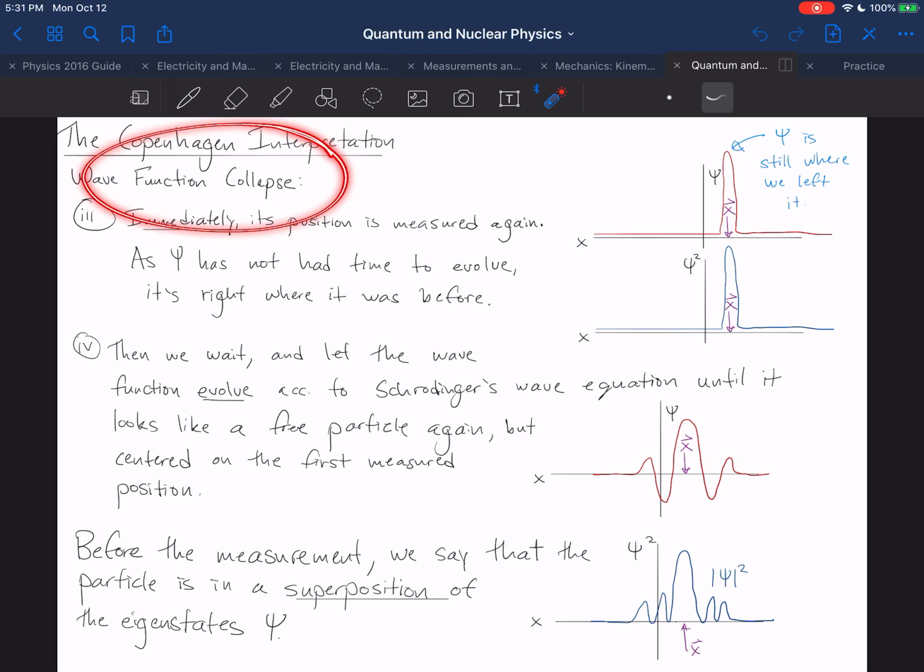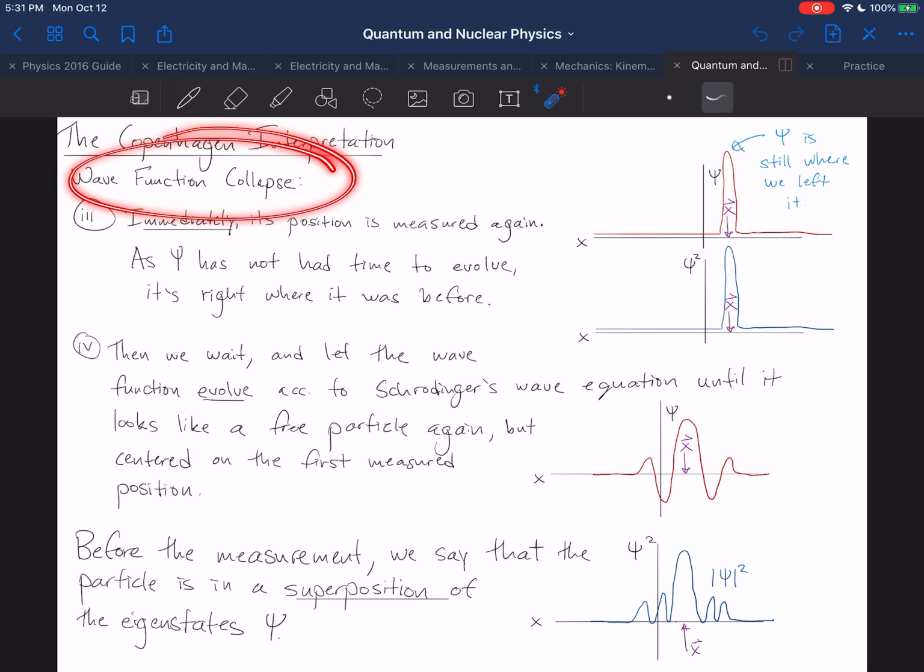The more sophisticated answer is that it's observed when something interacts with it, in a way where that interaction depends on the properties of the wave function to begin with.